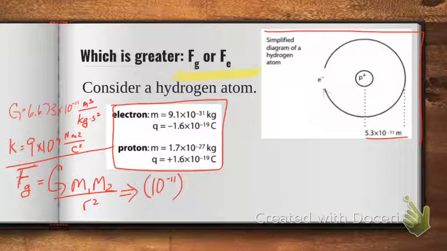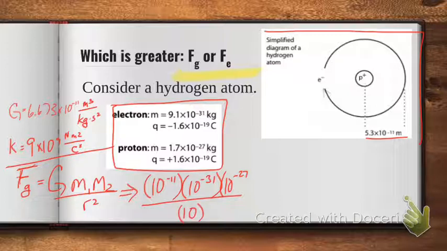The universal gravitational constant is, to an order of magnitude, 10 to the negative 11th. The mass of an electron is an order of magnitude 10 to the negative 31st. The proton is 10 to the negative 27th. And our radius is 10 to the negative 11th, and we're going to square that.